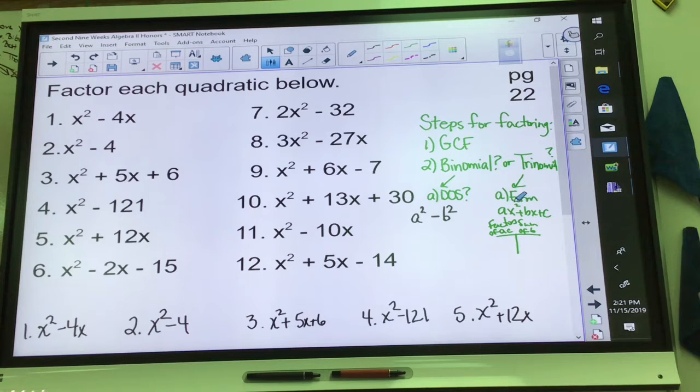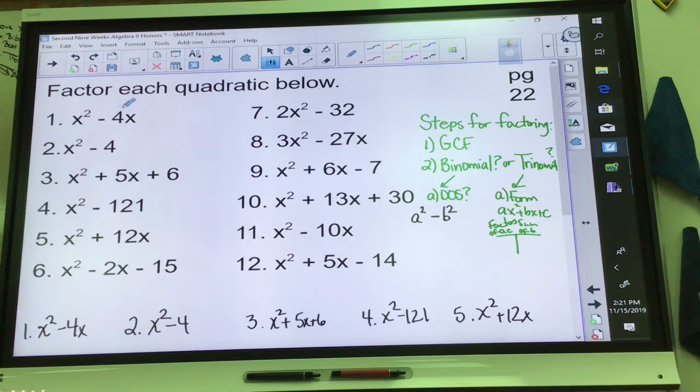Also, it's okay to have an x squared here and a y squared here. You can have an x squared in the front and a y squared in the back, as long as in the middle you have an x to the first and a y to the first. You can have x to the fourth in the front, y to the fourth in the back, and in the middle, x to the second, y to the second, just like that problem that was on the board from one of those warm-ups a while ago.